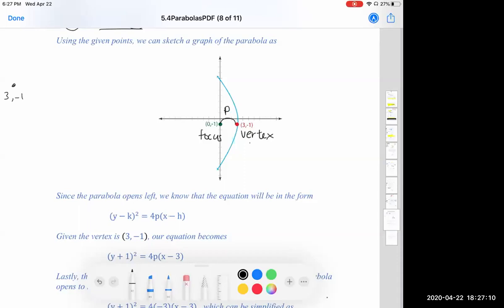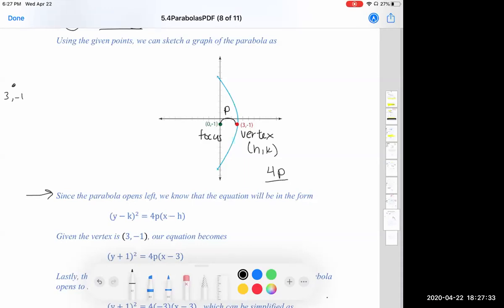I know my vertex is h comma k. And I know in my formula I have that number 4p, that special number 4p. And that's about it. So I need to just figure out what's the distance between 0, -1 and 3, -1. And that's enough to find my parabola.